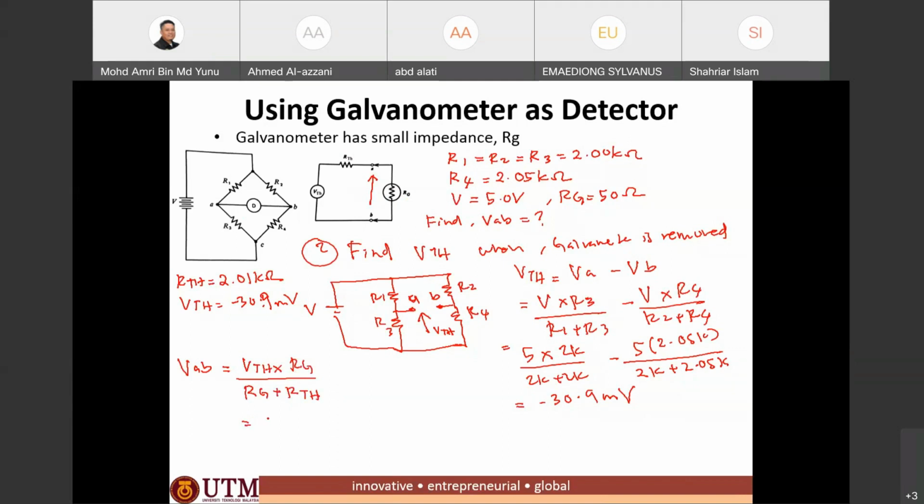So it will be equivalent to negative 30.9 millivolt multiplied with 50 over 50 plus 2.01K. So that will be how much?